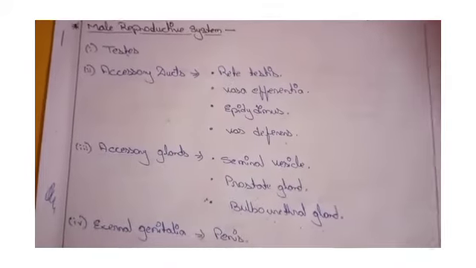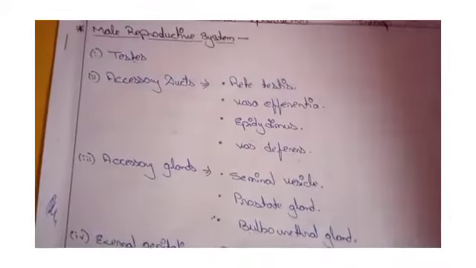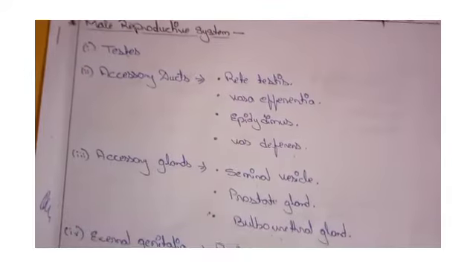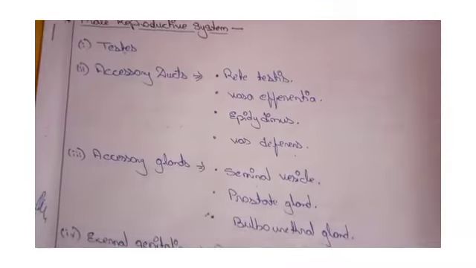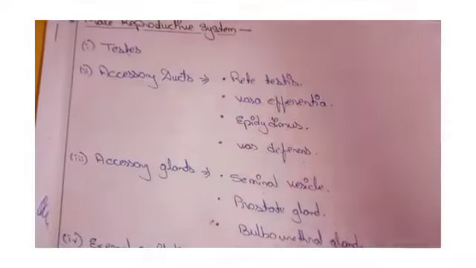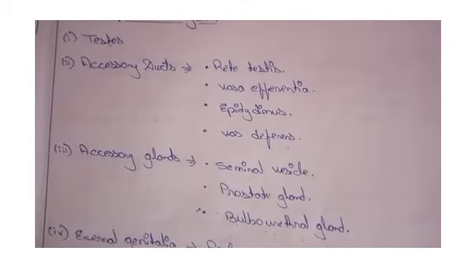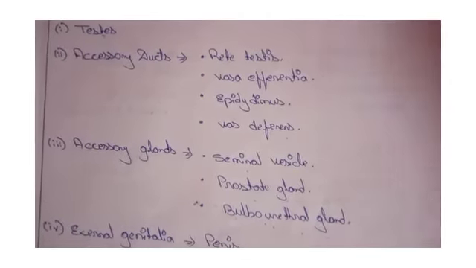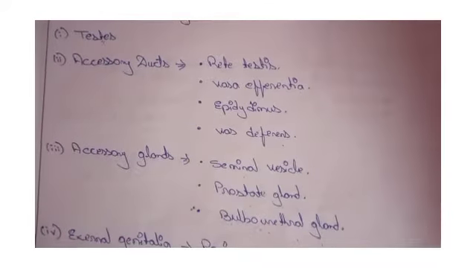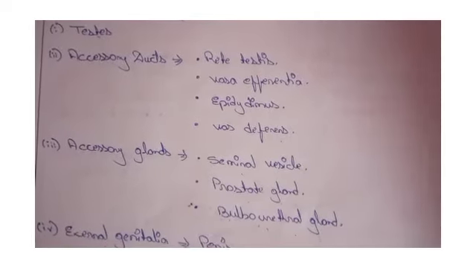So the introduction is that the male reproductive system has two main parts, primary sex organ and secondary sex organ. The primary sex organ is the testis, which produces gametes. The secondary sex organs help in maturation of the gamete, transportation of the gamete, and storage of the gamete.